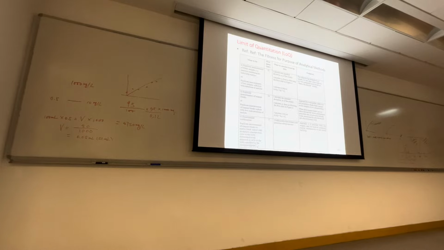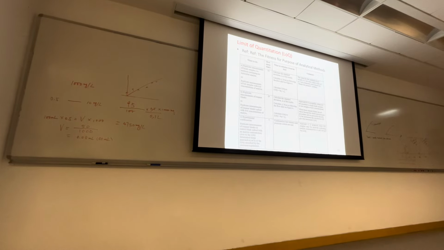And the K is, you need to calculate the S naught first, and then multiply by 10, but you can also multiply by only 5 or 6. It depends on your intended use.